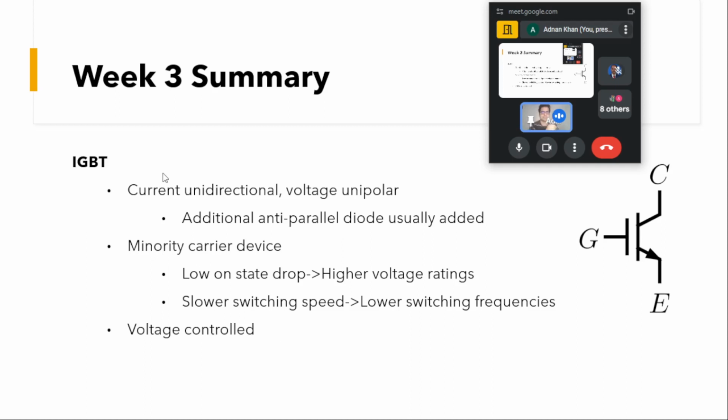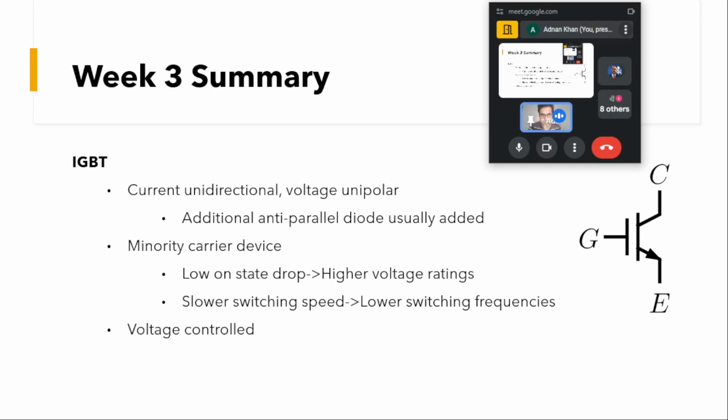We saw that it is a unidirectional device unless we have an anti-parallel diode connected across the collector and emitter that carries the current in the other direction, making it a bidirectional device. Also, the IGBT is able to handle voltage in only one direction.